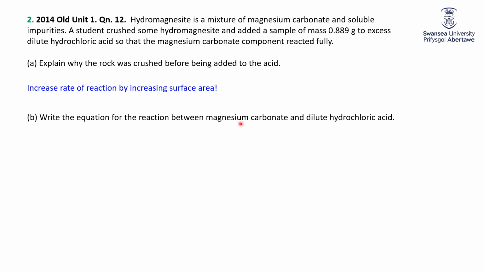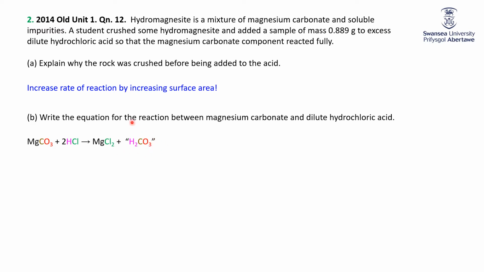And the equation for the reaction between magnesium carbonate and dilute hydrochloric acid. Well, the magnesium is a spectator ion. We can think about it as just doing a metathesis reaction. So the magnesium, which is 2+, grabs itself 2 chlorides. Both of these in this case will be spectator ions, leaving 2 H+ to go with the carbonate, thus making H2CO3 or carbonic acid.